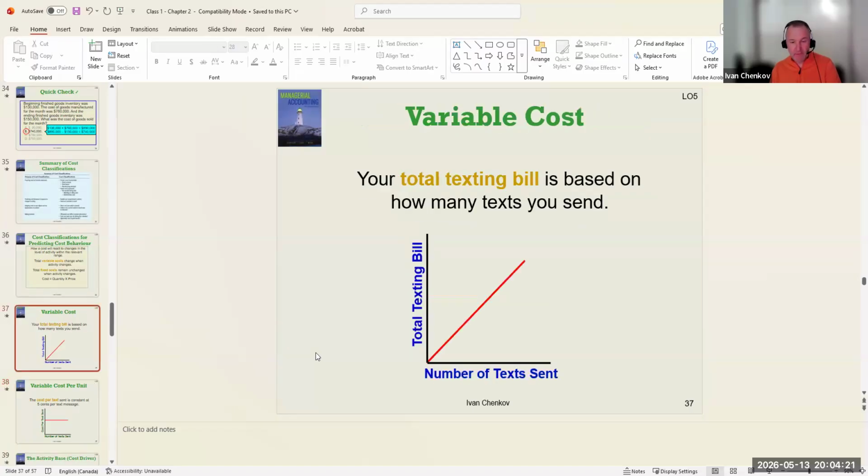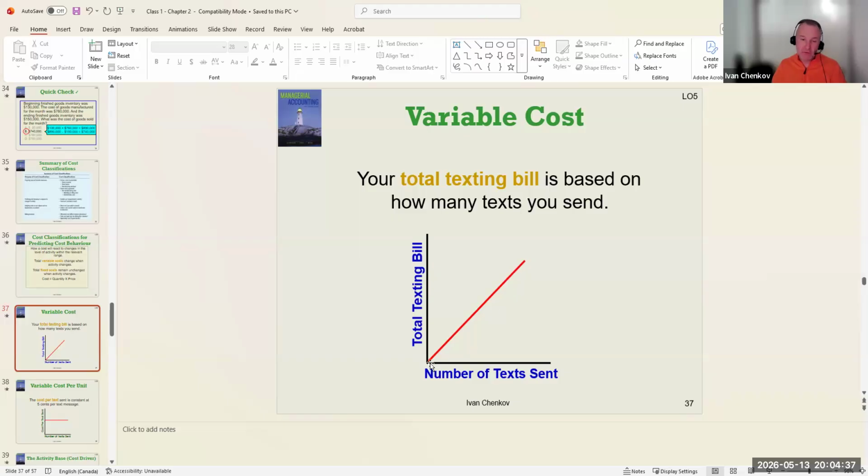What that means to me is, if I buy 1 pound of potato, I have to pay $1. If I buy 2 pounds, I have to pay $2. If I buy 3 pounds, I have to pay $3. So the more I buy, the more I have to pay.